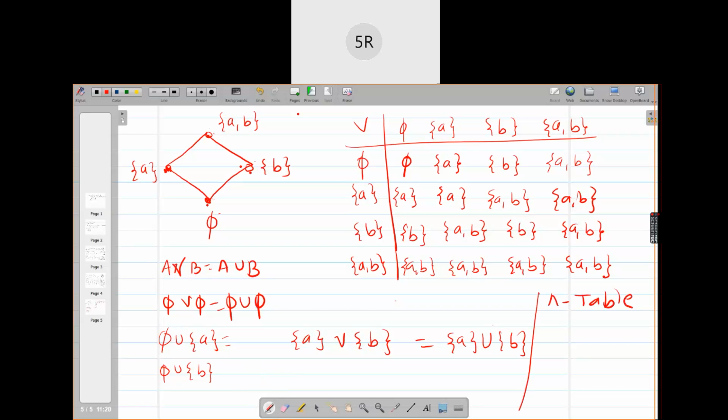Meet table homework. Okay. So here A meet B is equal to A intersection B. So this is also a lattice as union and intersection exist for every pair of elements.